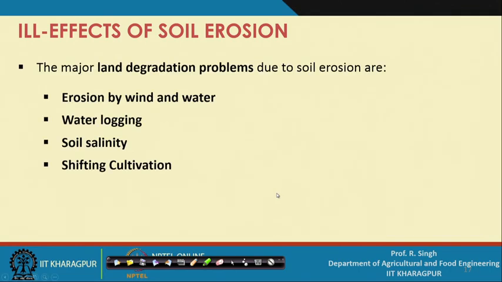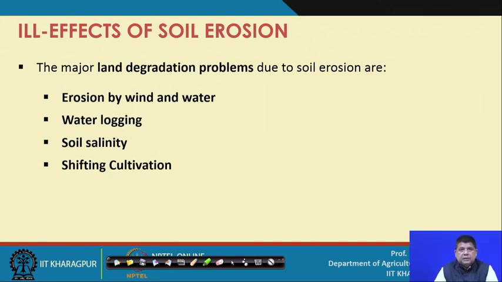Then the major land degradation problems due to soil erosion are erosion by wind and water, waterlogging, soil salinity, and shifting cultivation. These are the major land degradation problems, and we will see each one of them one by one.